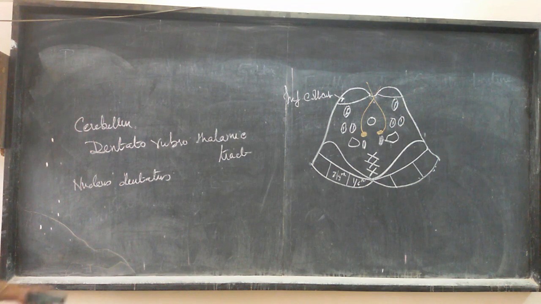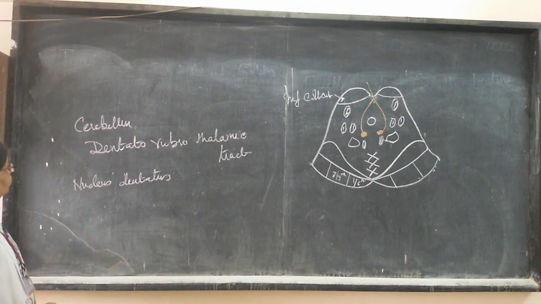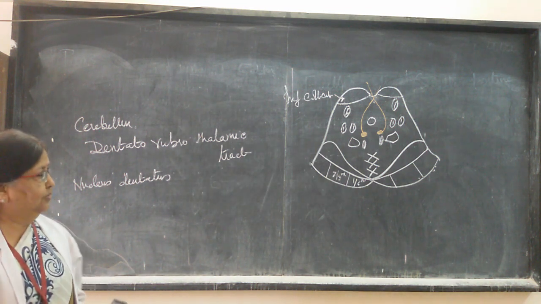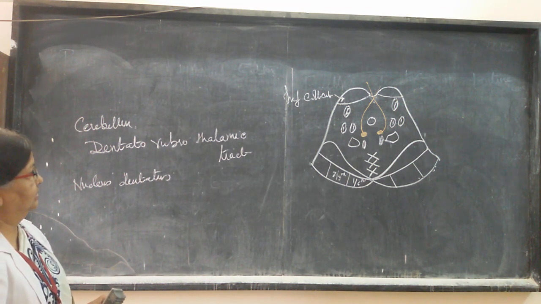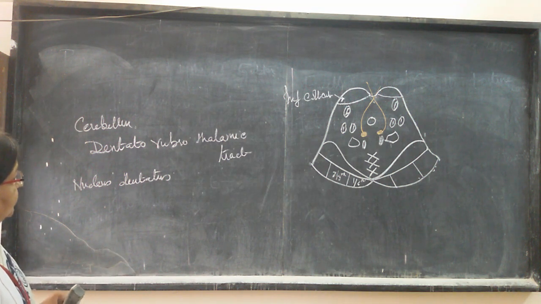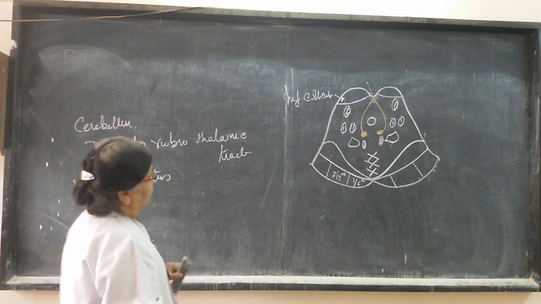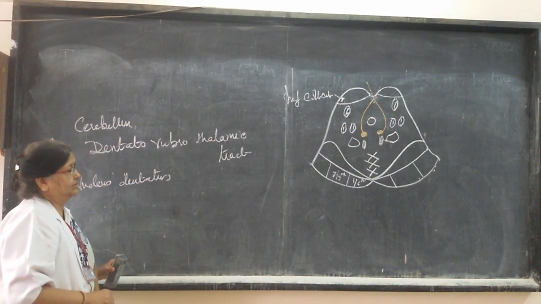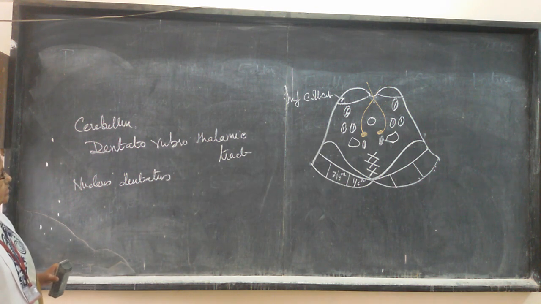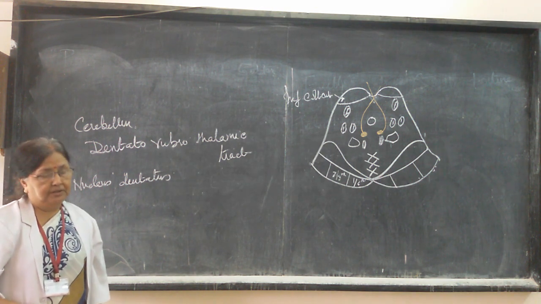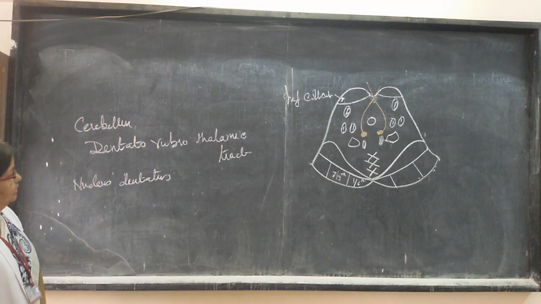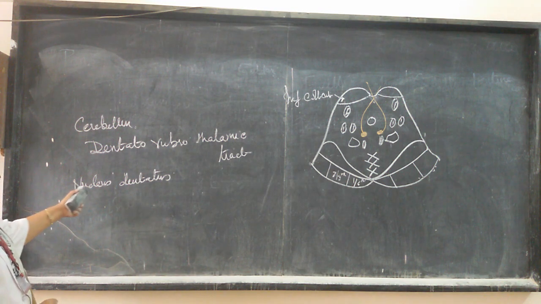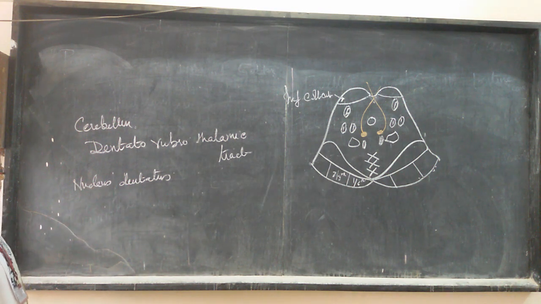They then go to the red nucleus and thalamus. Some of the fibers terminate in red nucleus, but the majority go up to the thalamus. Some of the fibers descend down and terminate in reticular formation of the pons and medulla.